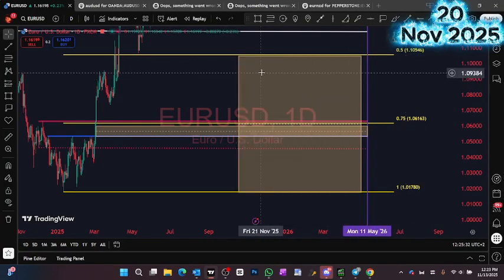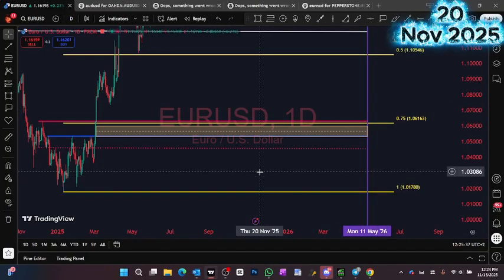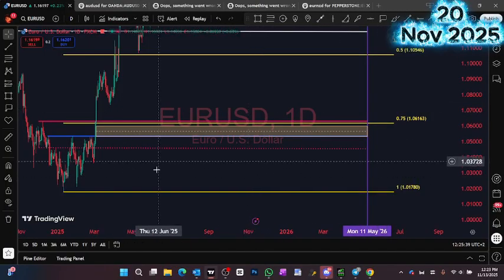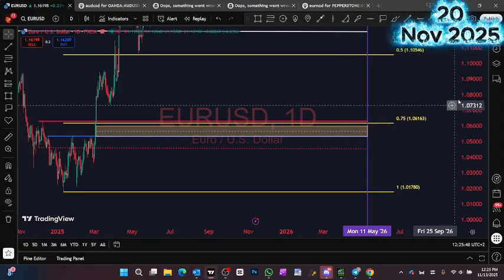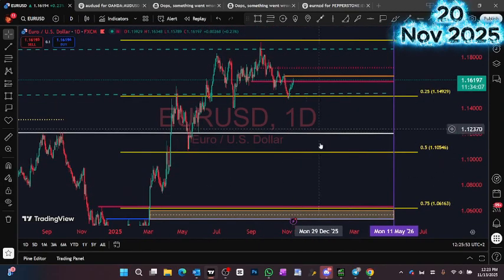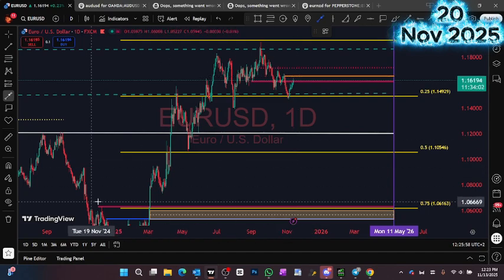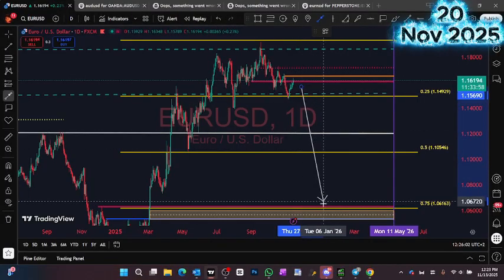So we have three confluences: fair value gap, within the monthly OP, and under the 75. So price should bounce and come straight down. Well, it won't come straight down. It will do the step down, step down, step down, but it will come right there.